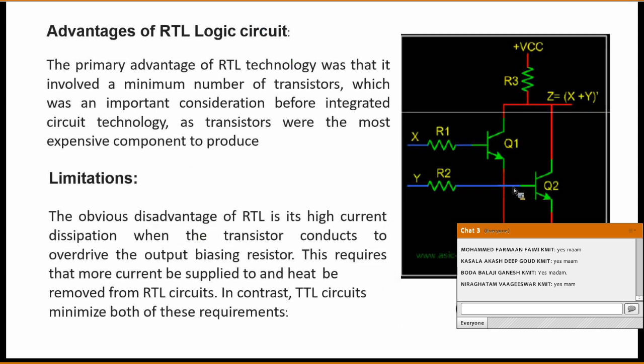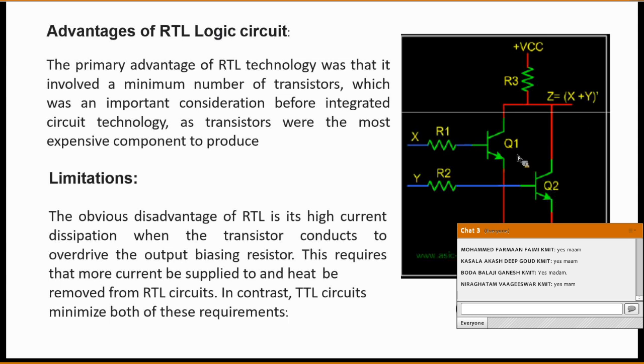See here, there are two transistors. So RTL is a combination of resistors and transistors. Input is given to the two resistors R1 and R2. Through R1 it is connected to transistor Q1, and through R2 it is connected to transistor Q2.